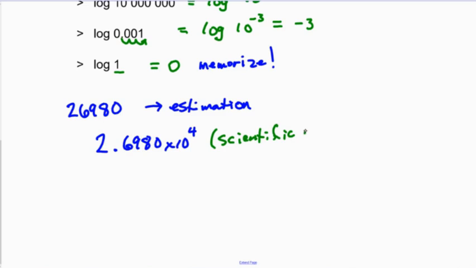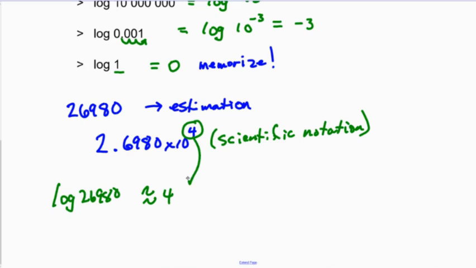I'm going to tell you that the log of this number, the log of 26980, is around 4.